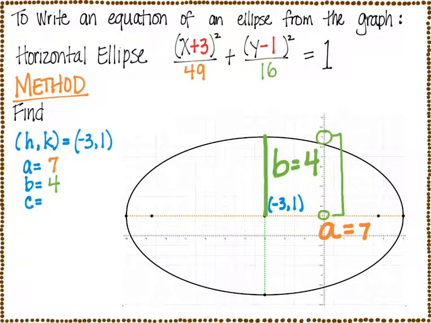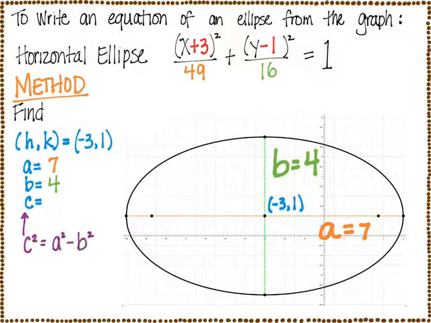So we've answered that question, but we might as well look at what is our c, what is the distance to the foci. And we know that to do that, we use the equation c squared equals a squared minus b squared, remembering that with an ellipse we subtract the two denominators. And so we have 49 minus 16, which is 33.